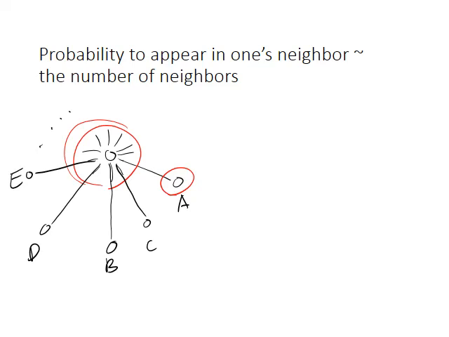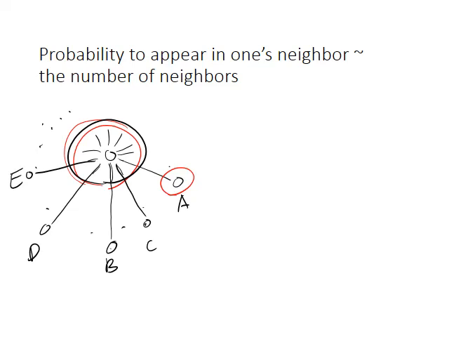So that means this one node with many neighbors appears in the neighbors of so many people. If you count the number of neighbors of A, this one node is counted here. And then this node keeps participating in C's neighbors, B's neighbors, D's neighbors, and E's neighbors.